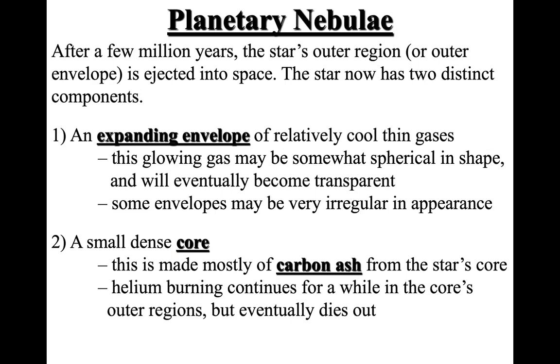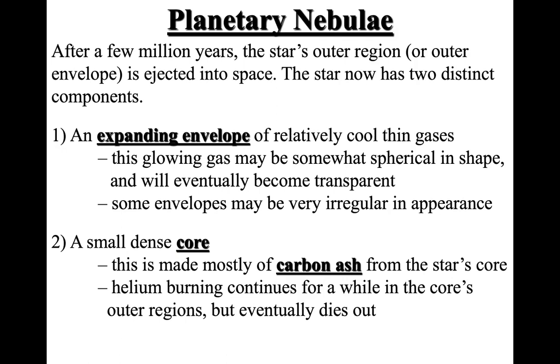So which means now once this happens, the star will have two distinct components. Number one is an expanding envelope. There will be an envelope, an expanding envelope, and this is relatively cool, and this is the ejected part, and there will be a core at the center of the star.